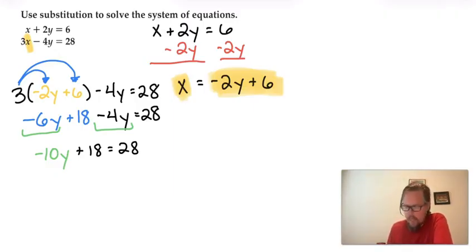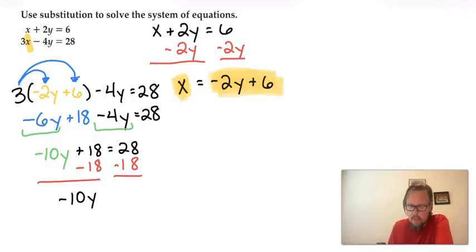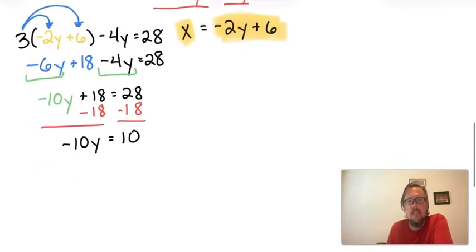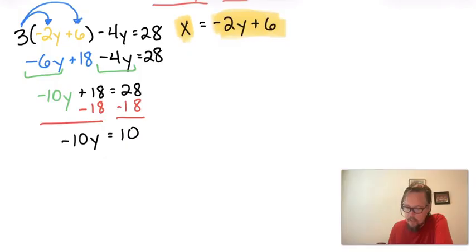So let's go ahead and subtract 18 on both sides using our subtraction property of equality. So we'll have negative 10y on the left and a positive 10 on the right. And then the last thing we'll do is divide both sides by negative 10 using our division property of equality.